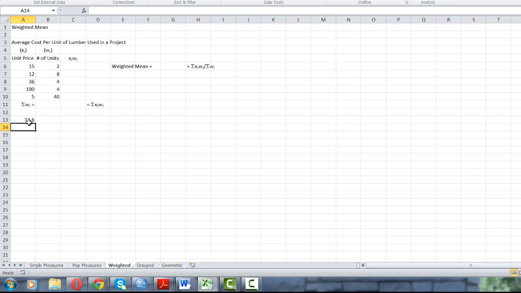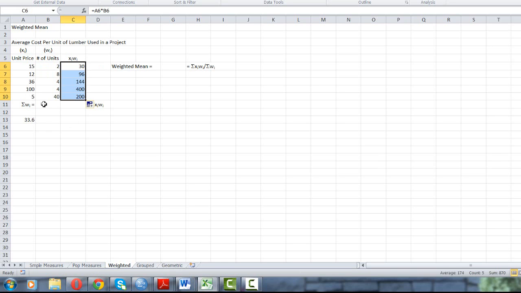Well, if we took 33.6 times the sum of all these, that actually wouldn't be the total cost. So we need to look at a weighted mean. What we do is multiply the unit price times the number of units, because this assumes that we have the same number of units per type of lumber, and that's not the case.